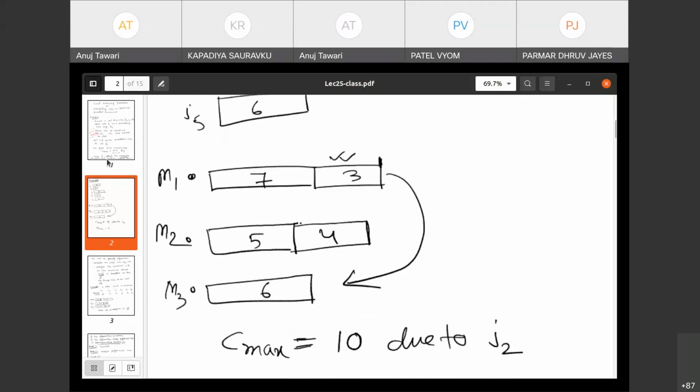So this particular allocation takes 10 hours, but possibly there is some other allocation which takes a smaller time.